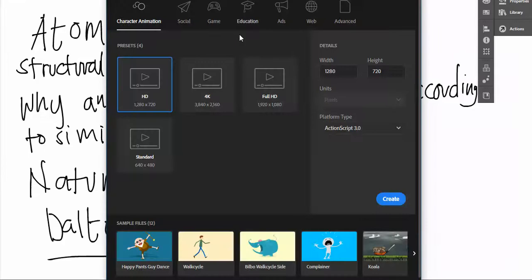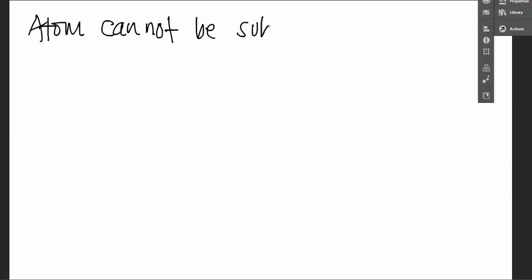Okay, so he said that an atom cannot be subdivided, and it is the basic or the smallest particle of which matter is made up.